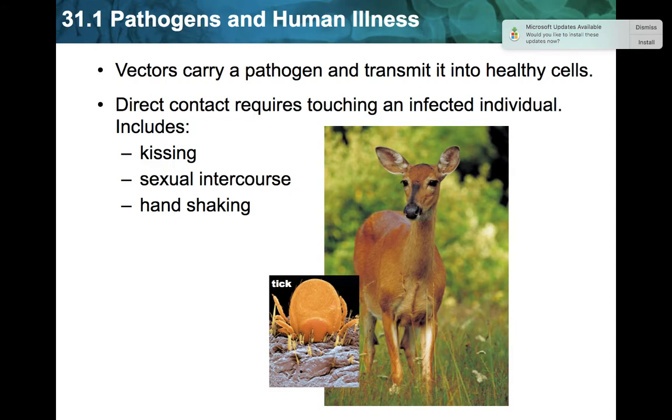So that tick would be the vector carrying Lyme disease, if it is carrying it. Let's just assume it is. And once it bites into the deer to feed on its blood, it can release some of that disease into the deer's bloodstream, and now that deer has Lyme disease. Or if a tick bites you and that tick has Lyme and you don't ever catch it in time, you can end up having Lyme disease if that tick was the vector for Lyme.